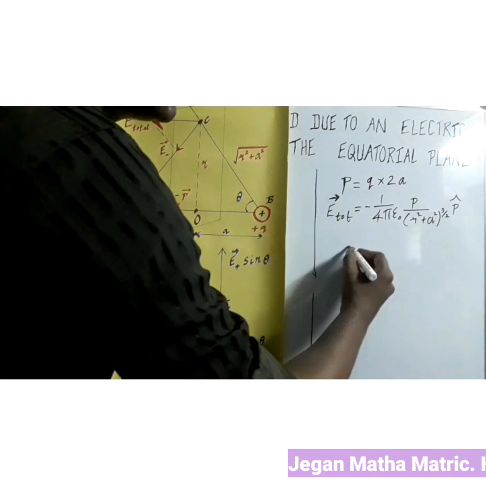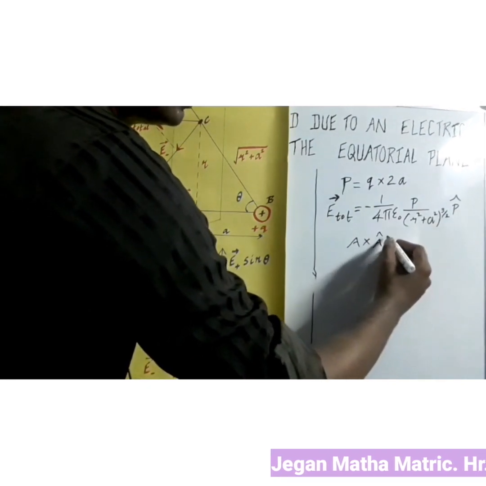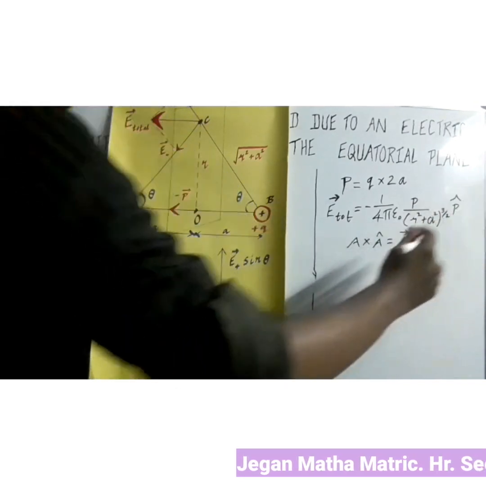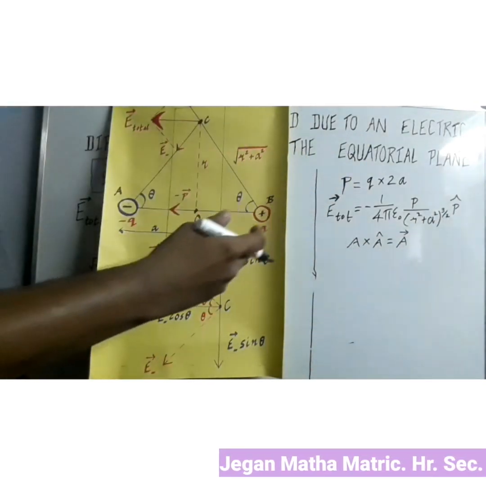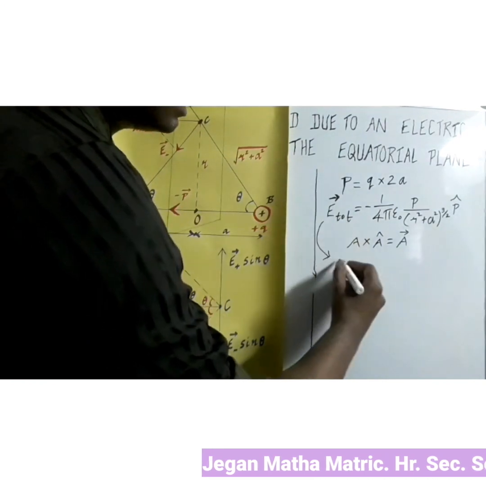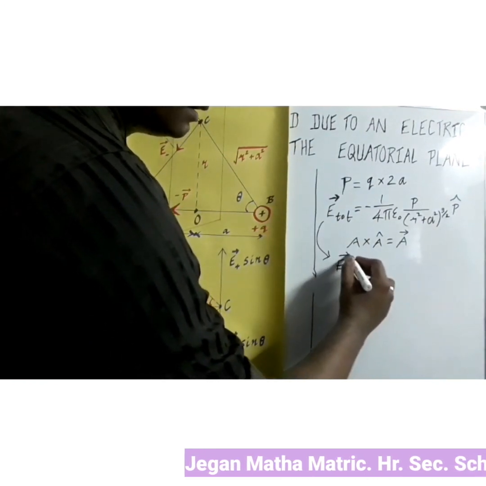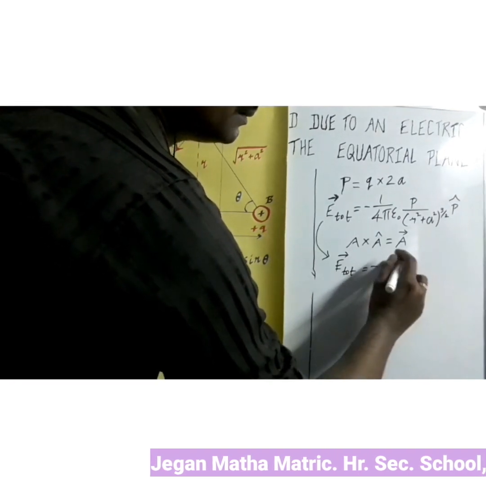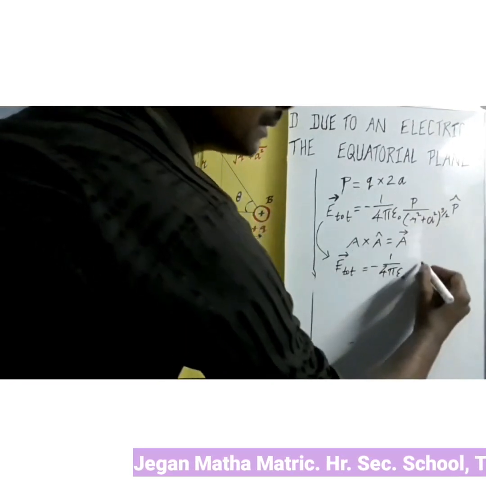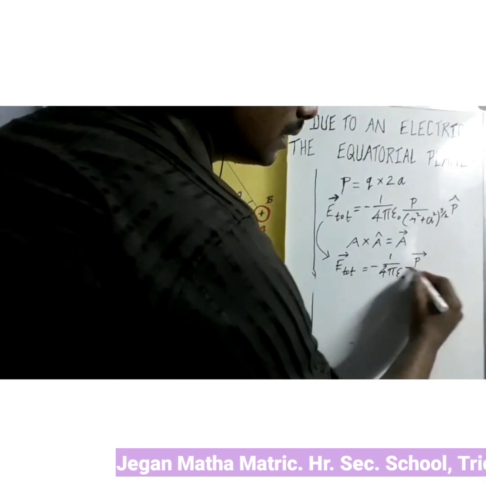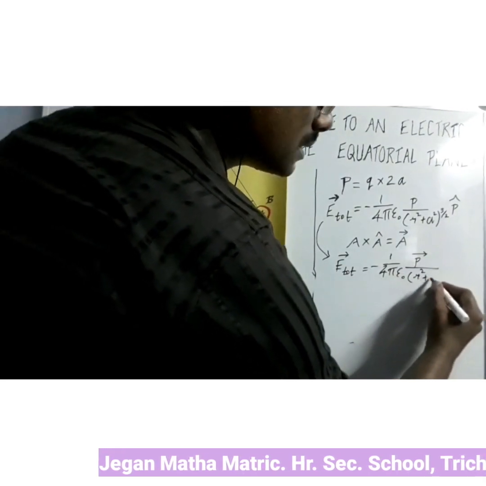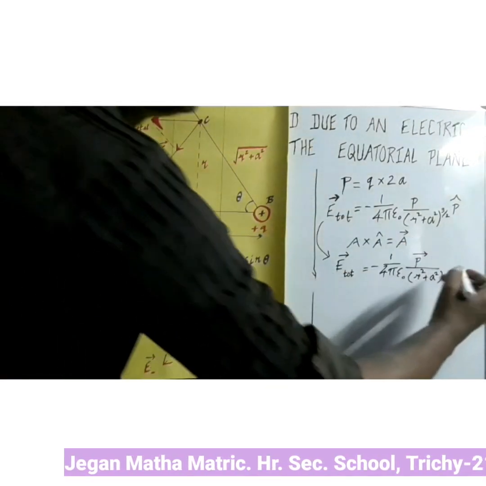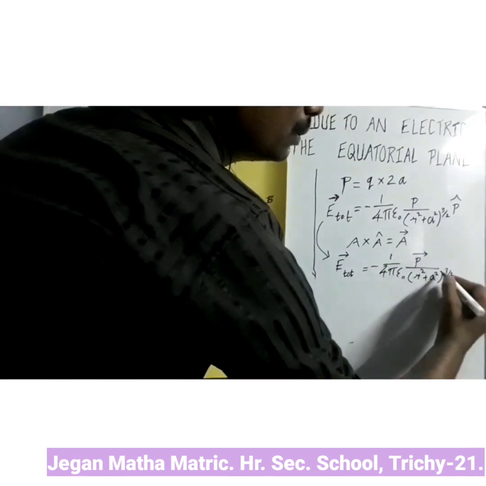We know that already, the magnitude multiplied with the unit vector provides the vector form. So P into p cap is equal to the vector form of the dipole moment. So the total electric field is equal to minus 1 by 4 pi epsilon naught, P into p cap, that is the p vector, divided by r square plus a square power 3 by 2.